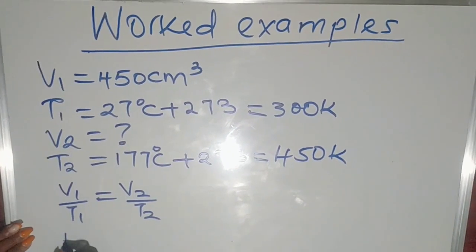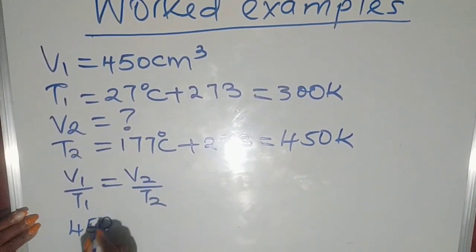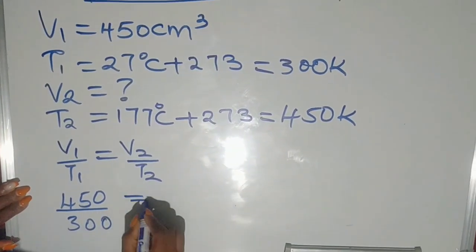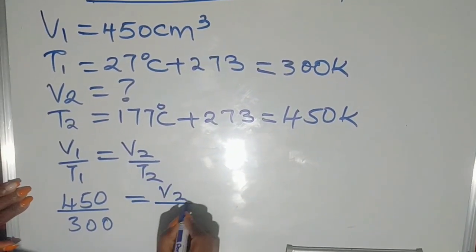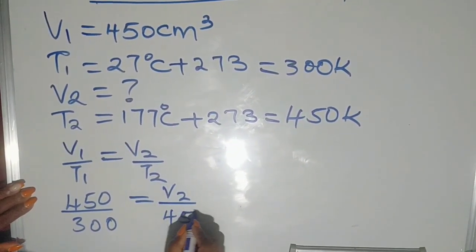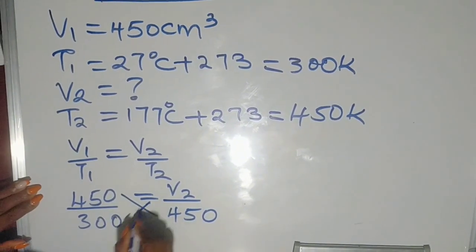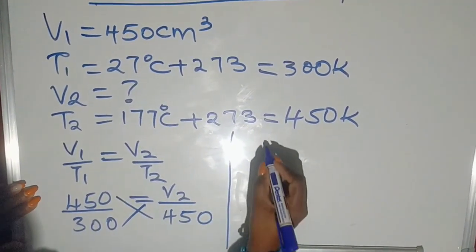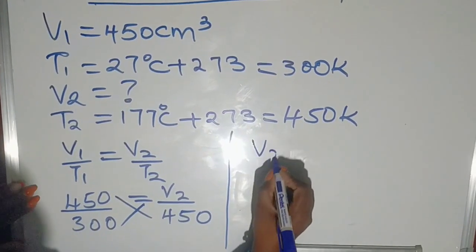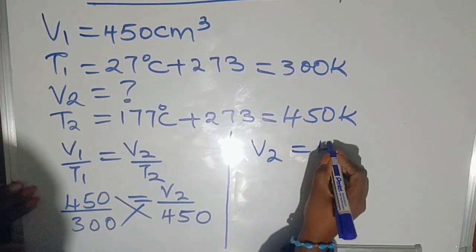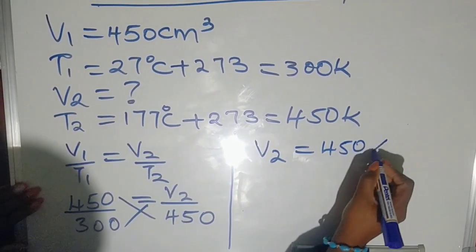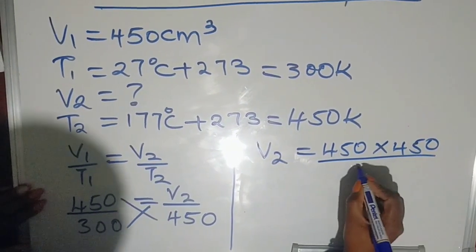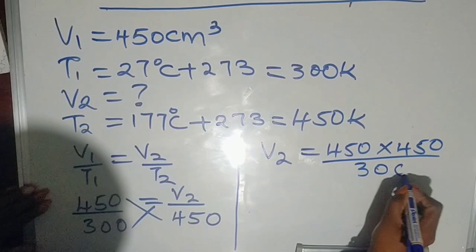So let us replace those values in our formula. This is going to be 450 over 300 is equal to V2 over 450. So we can cross multiply, so that volume 2 will be equal to 450 multiplied by 450, all divided by 300.